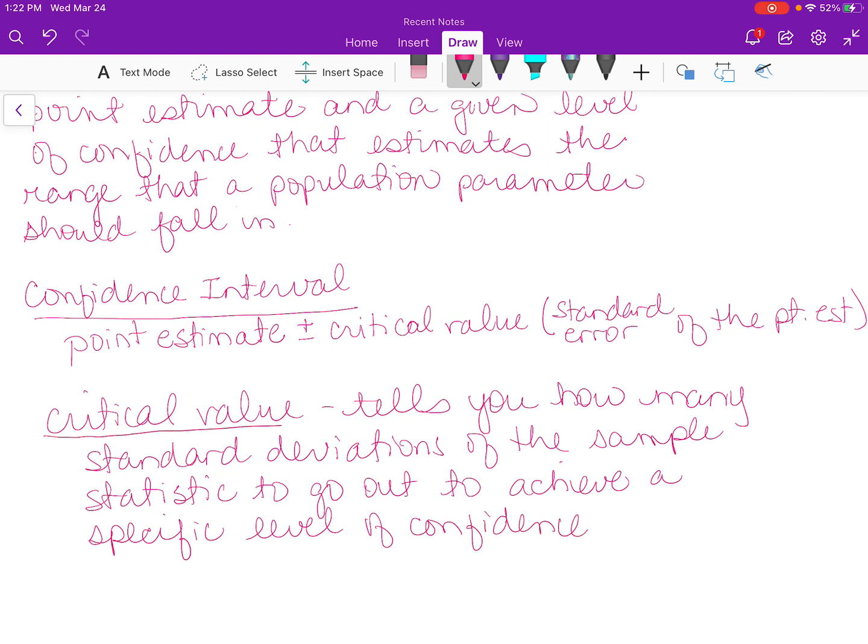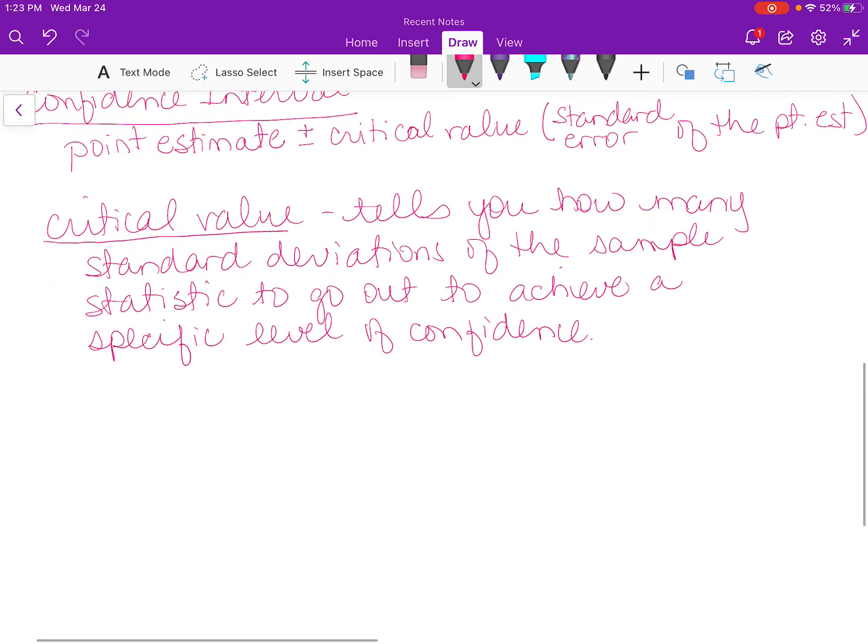So the critical value is attached to the confidence level. And since I stated that it's the number of standard deviations, we have a term that is defined by the number of standard deviations. And that will become a specific designated z-score.